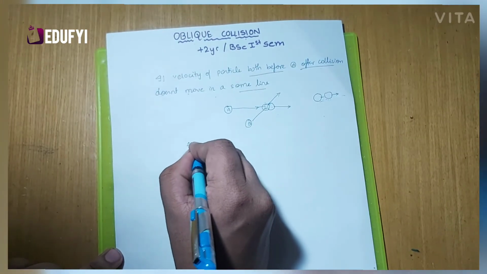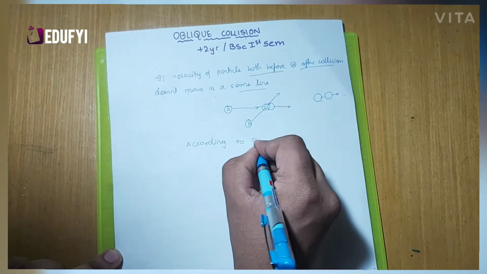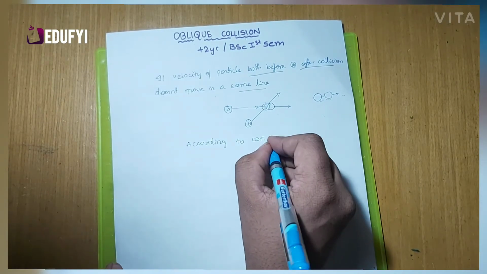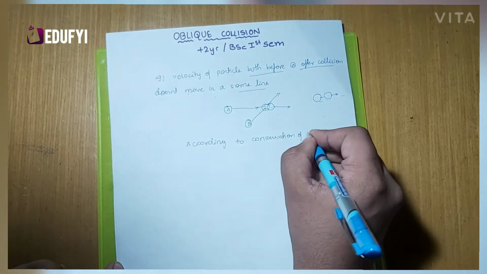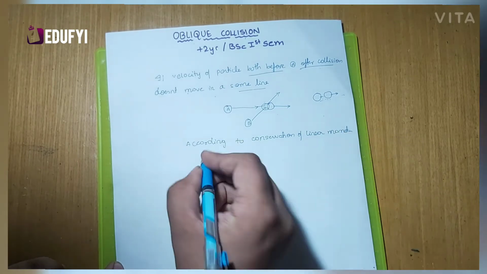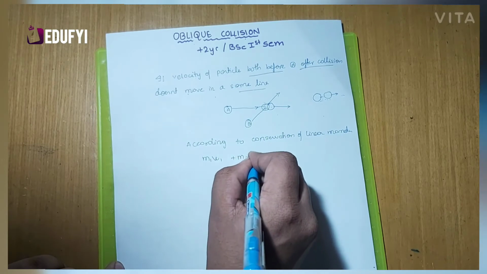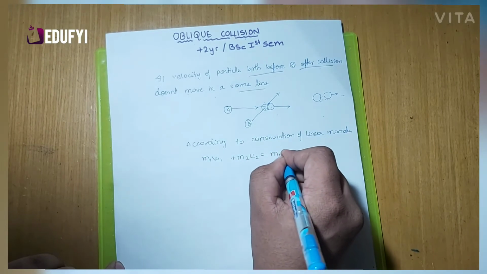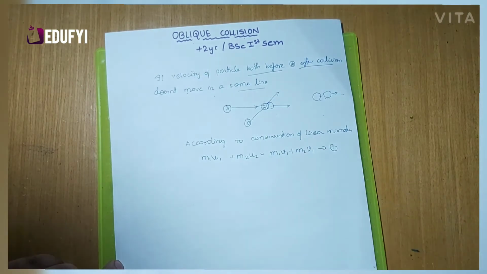We know according to conservation of linear momentum that m1u1 plus m2u2 is equal to m1v1 plus m2v2. Consider this as the first equation.